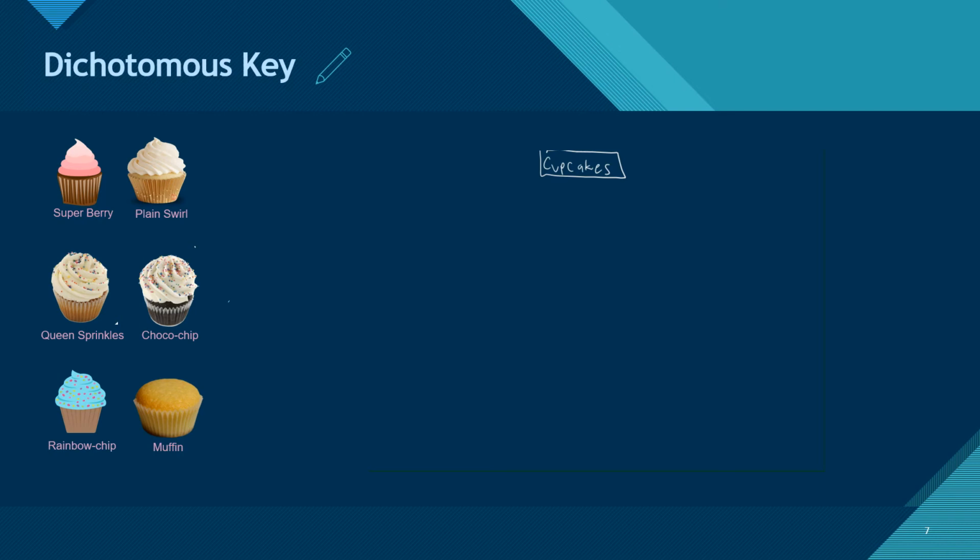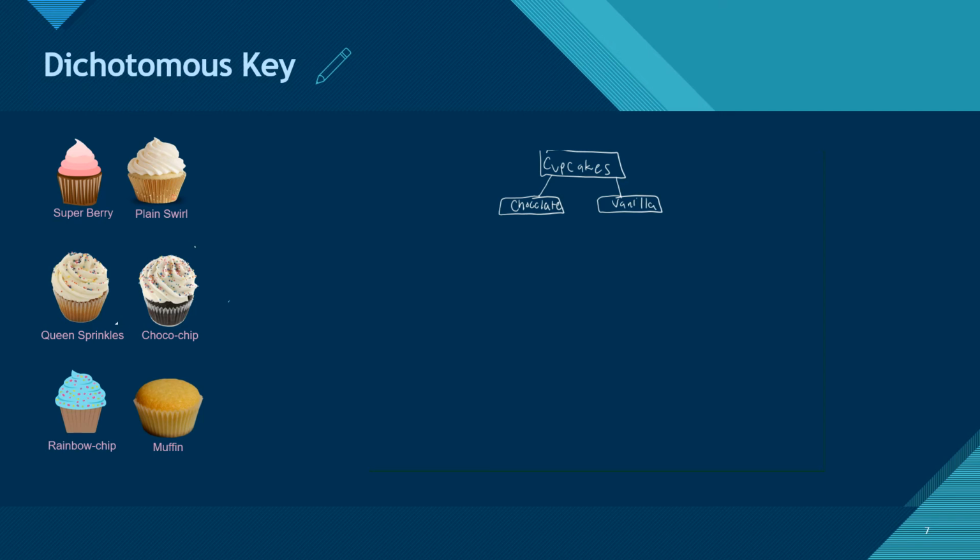Well, the simplest thing to do, for me at least, would be to break it down into chocolate and vanilla, because I know that's a clear difference between the two. So I can go ahead and write chocolate and vanilla. Now we can start with our chocolate.